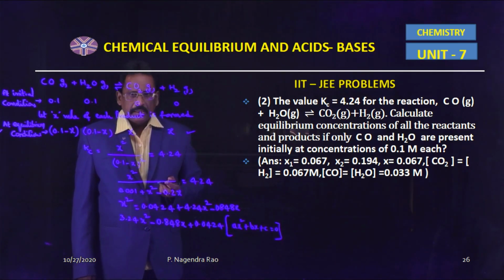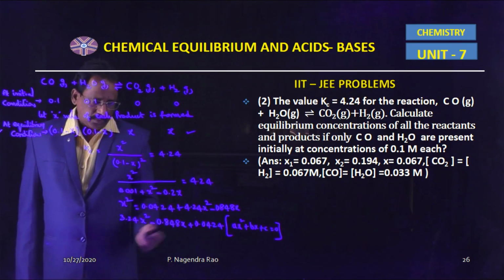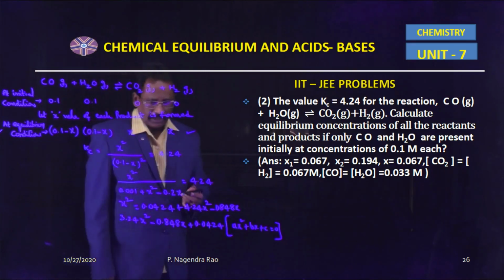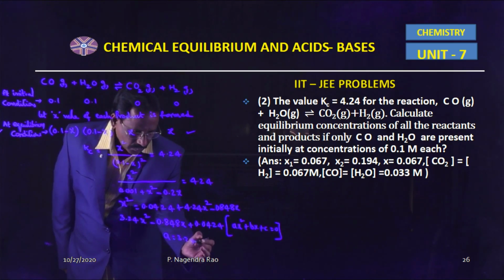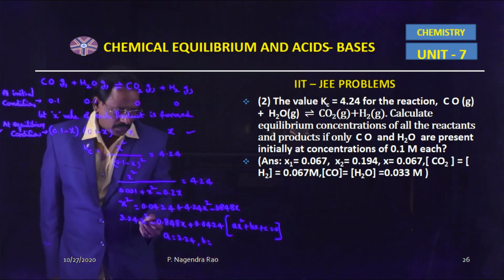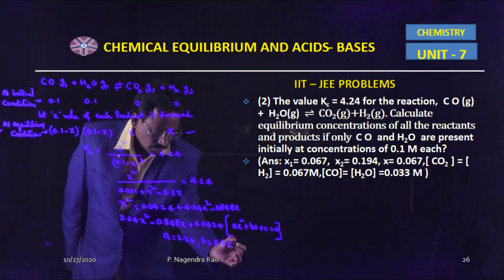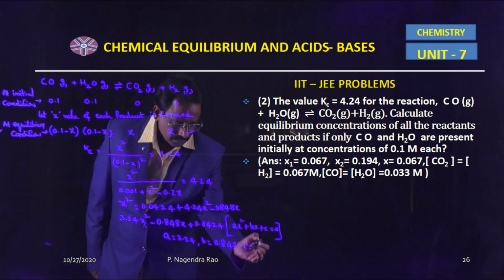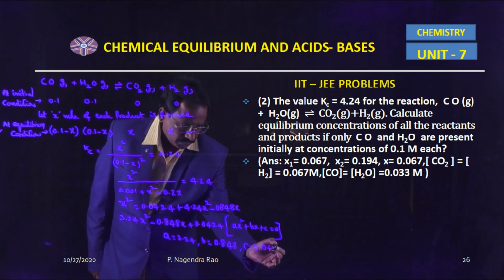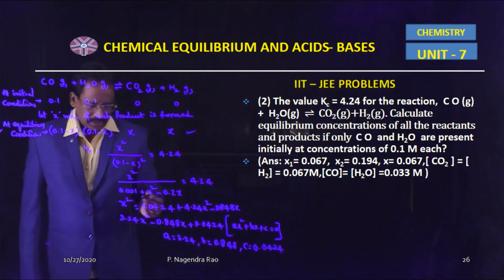Now calculate the x value. This is similar to a quadratic expression. That means in this expression a is equal to 3.24 and b is equal to 0.848 and c is equal to 0.0424, and solve for x.